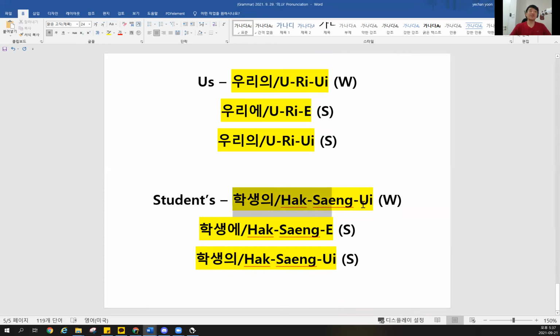How you write down 학생의. But for the pronunciation, you can use both of it, which is 학생의 or 학생의. All right. So until here, everybody.